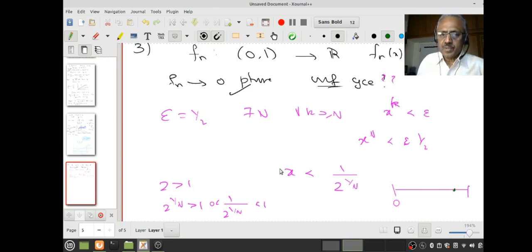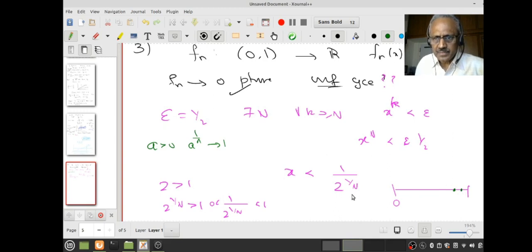And also you may remember your limits theorem: if a is positive, a to the power 1 by n goes to 1, therefore when n is very large, 2 to the power 1 by n will be very close to 1. Do you understand? Therefore my x will be very close to 1. But I take a midpoint strictly between 1 upon 2 to the power 1 by N and 1, and for that point it will be greater, because this x must be less than that.